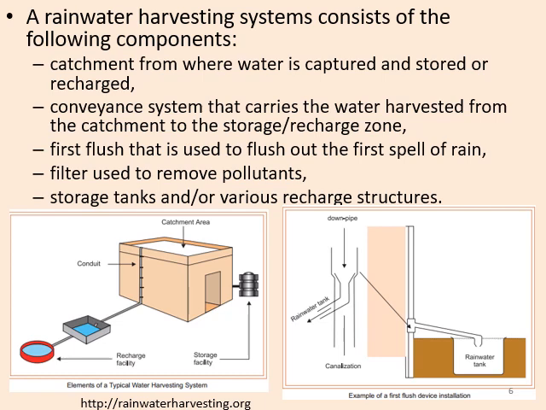And then we need a storage tank or various recharge structures. Various recharge structures we will see afterwards. You can check or refer to this website, rainwaterharvesting.org, for further reference.